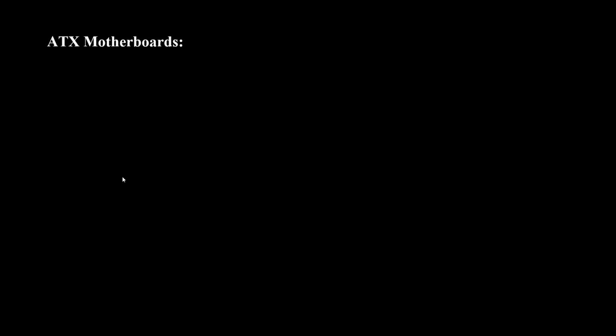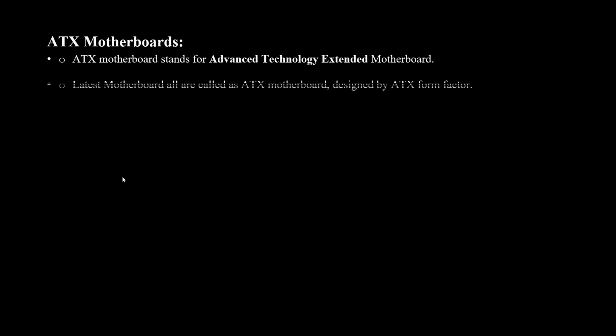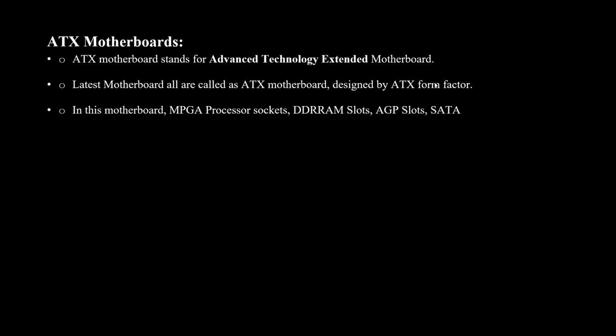Next we go to the ATX motherboard. ATX stands for extended motherboard. It's the latest motherboard, and now we are using only the ATX motherboard. It is very good for gaming, with an integrated processor socket, DDR RAM (double data rate random access memory) slot, AGP, and SATA port. It connects to a 20-pin and 15-pin ATX power connector.